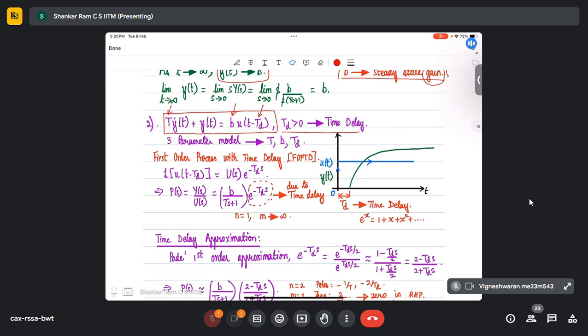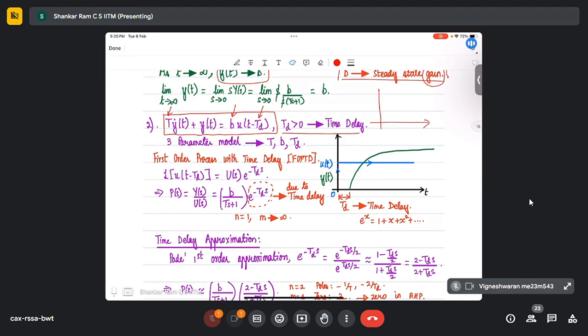So what is this time delay? Let us say I give a unit step input, but my output doesn't start to increase immediately from t equals 0. It starts to increase only after a time TD has elapsed. And this TD is called a time delay.